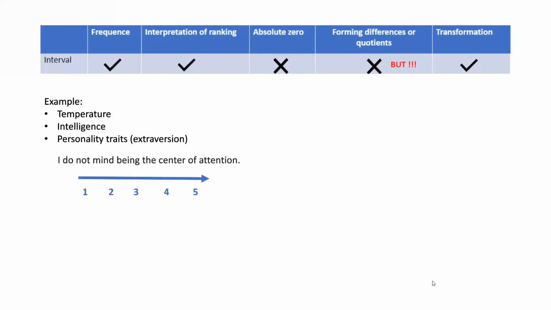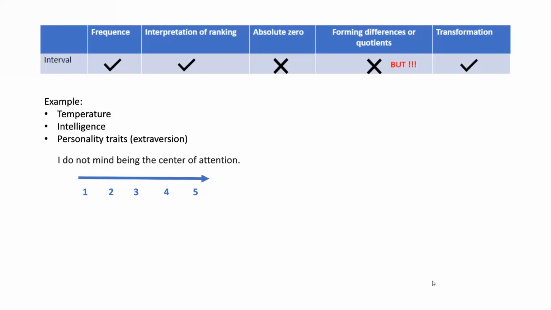There is an item from extroversion: I do not mind being the center of attention. And there is a 5-point scale with 1 strongly disagree and 5 strongly agree.